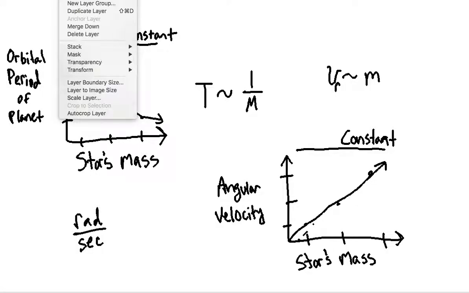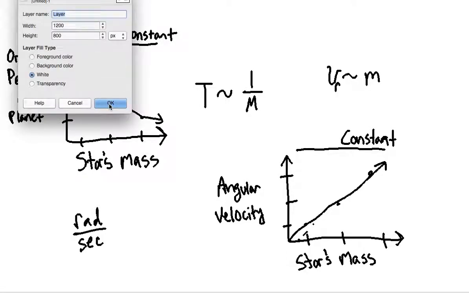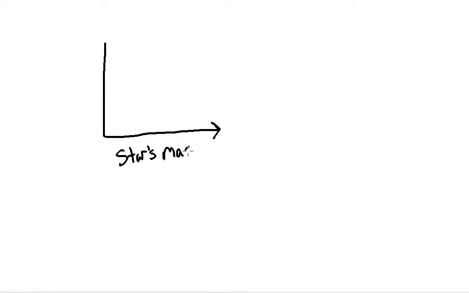Let's get a new layer here. So what we changed, same thing, mass of the star. And what we're looking at now is the tangential velocity of the planet.